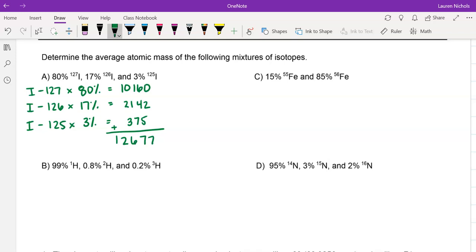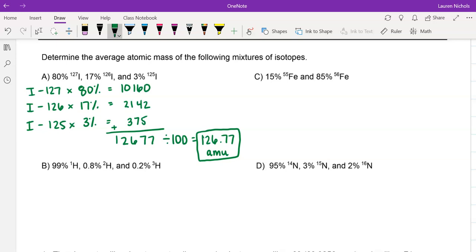And then the very last step is divide by 100. When you divide by 100, you get 126.77 AMU as our answer, which makes sense because if you round that to a whole number, you get 127, which is the isotope with the highest percentage.